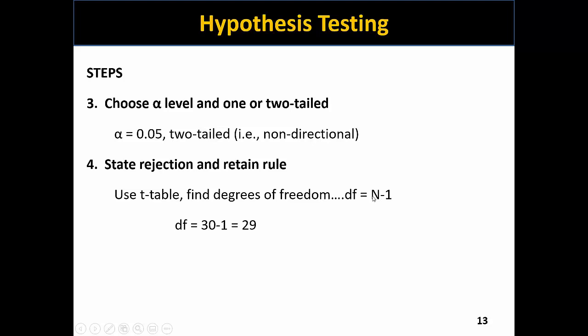And in this case, the capital letter N refers to the entire sample size, so we're grouping all the males and females together. Because we had 15 males, 15 females, we have a total sample size of 30. We subtract 1, and we have a degrees of freedom of 29. So step 4 means that we have to find the critical t-value for a degrees of freedom of 29.